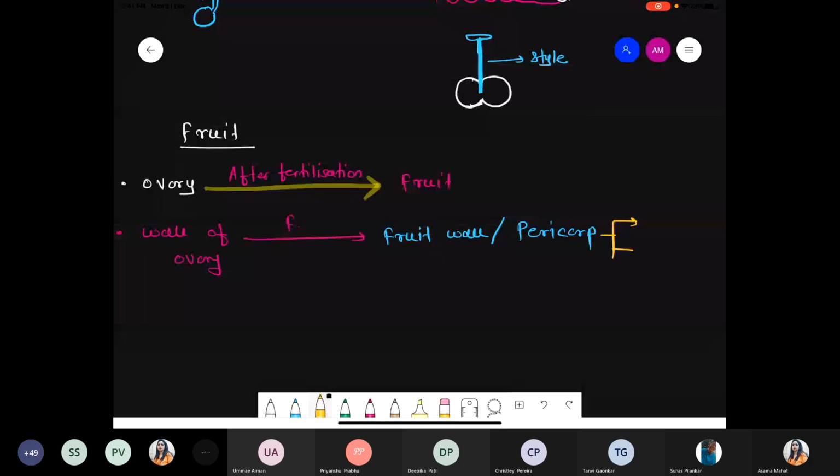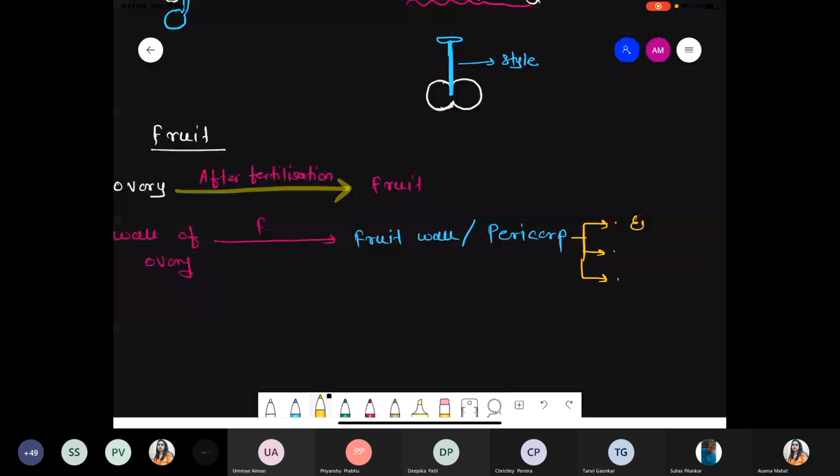This pericarp is divided into three types. Outermost one is the epicarp, carp that is fruit, epi that is outermost. Middle one, mesocarp, and the innermost is called the endocarp.